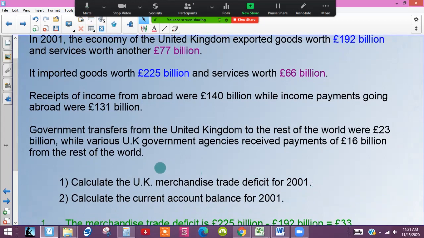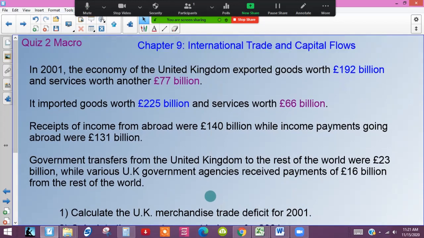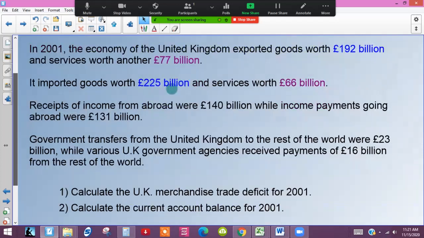So we're talking about merchandise, so that means goods. So we simply look at the amount of goods that were exported right there, 192 billion pounds, and the amount of goods that were imported, which was 225 billion pounds.